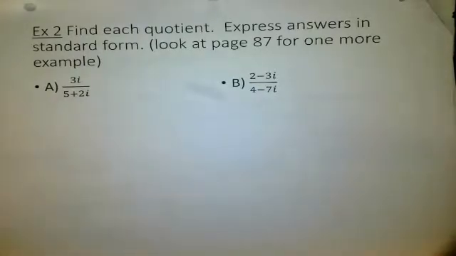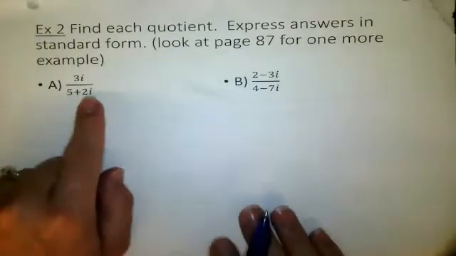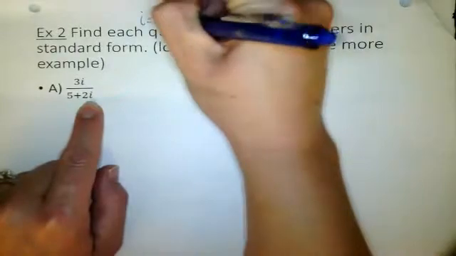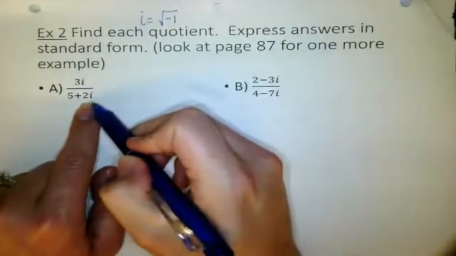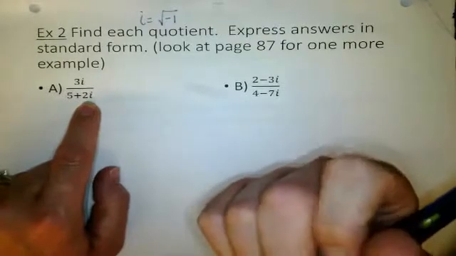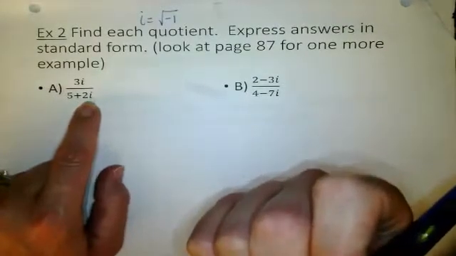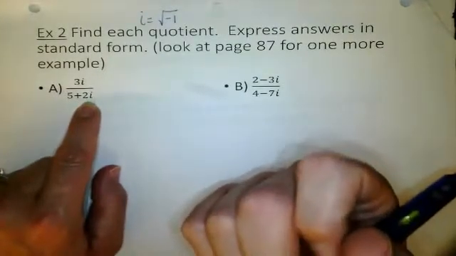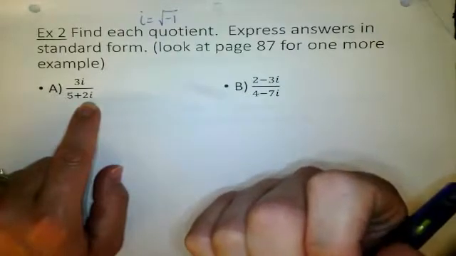Kind of, yeah. Remember what we're doing to find the quotient. Remember, i is defined as the square root of negative 1. Right now we have a radical in the denominator, so in order to find the quotient, we are going to be rationalizing.